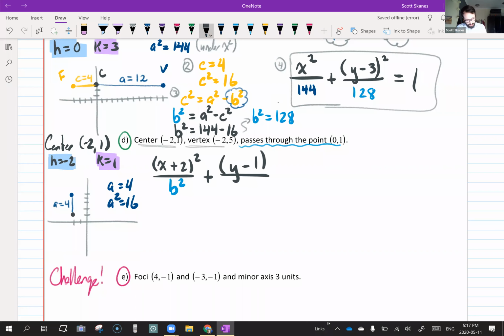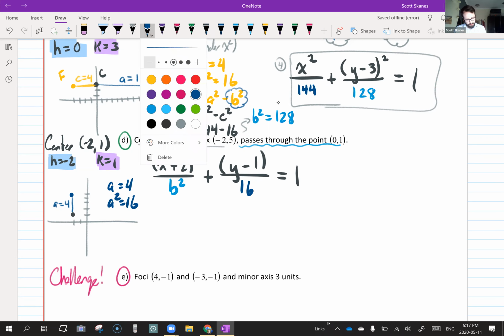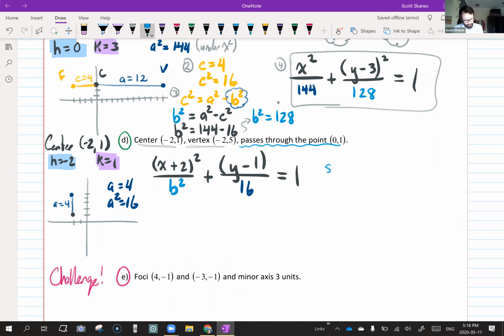A squared is 16. Equals 1. Now, I have x, y, and b all unknowns, but if I substitute in 0 and 1, it will work out for me. This is x and this is y.